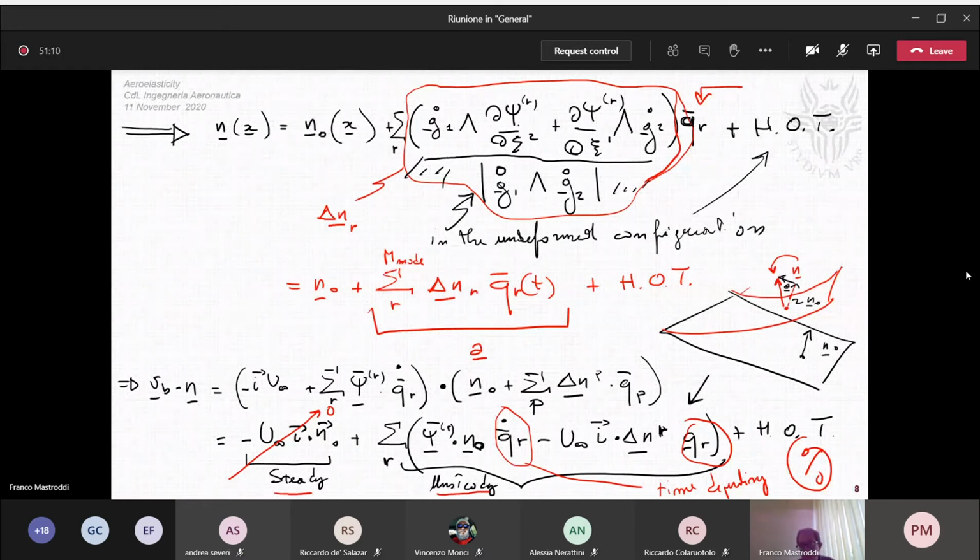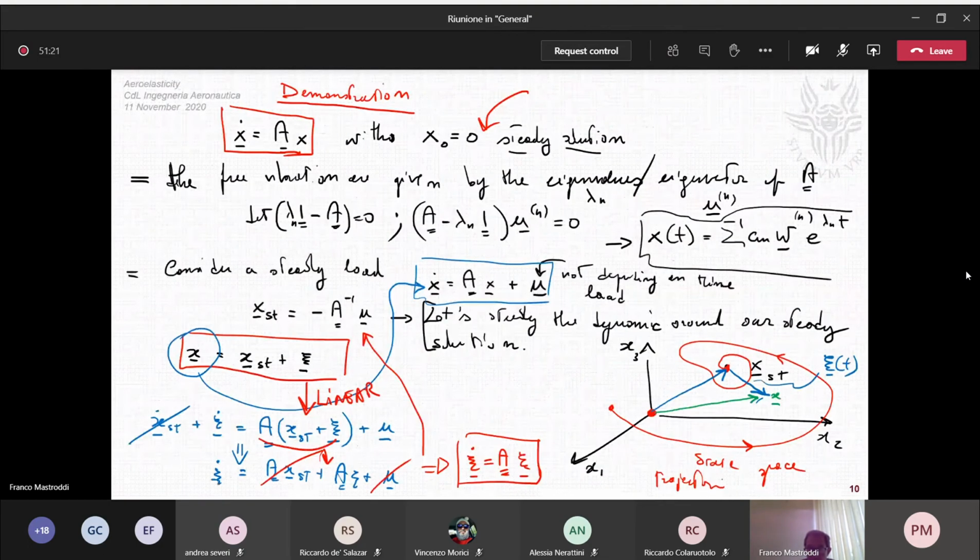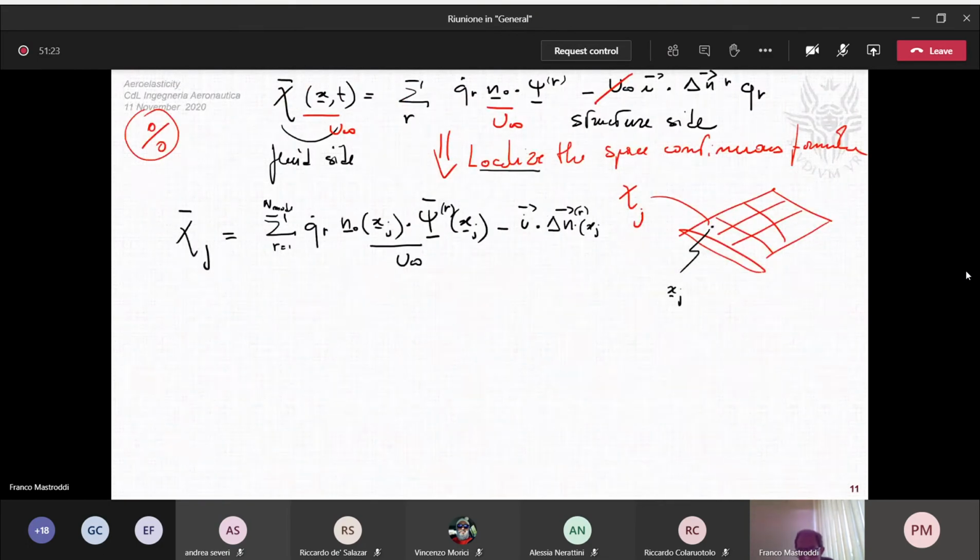So you have to calculate this local vector or this mode shape at the x_j point, and therefore this quantity is dependent on x_j as well. All this is running with r, summation in r.